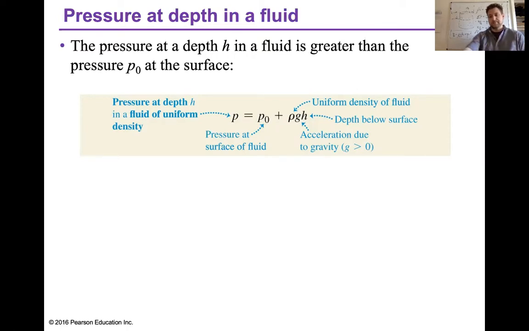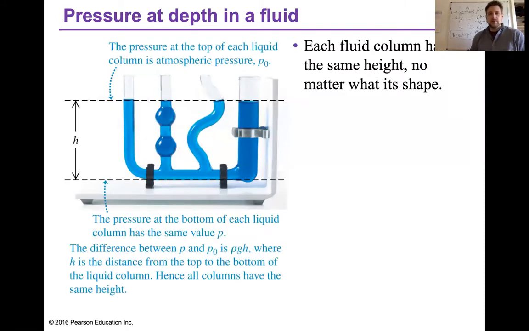Now, the pressure at the top of each column is the atmospheric pressure, this environmental pressure that we were just talking about. There's a different amount of fluid in each tube, each column. Each one has a different shape. It has a different volume, so there's a different mass. That's fine.